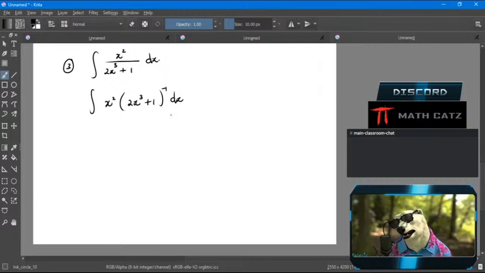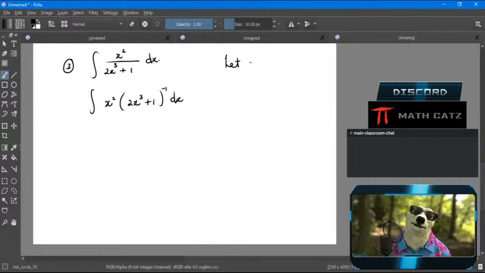But part of the challenge sometimes is to spot the substitution question when it's sort of trying to hide itself, like in this case.